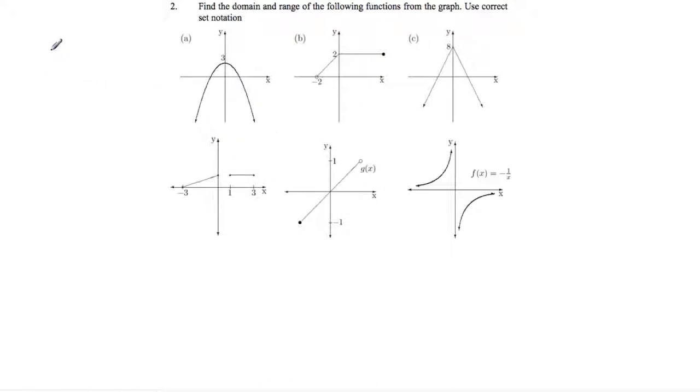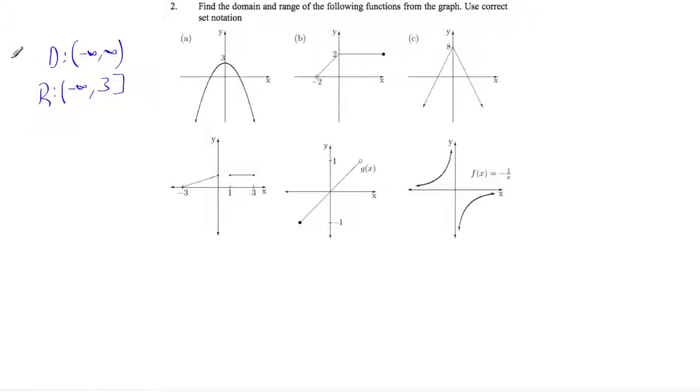So here for part A, the domain is going to be what could exist for the input, the x values. It's a parabola, so we could see there is no x value that can't be plugged in, so the domain is negative infinity to positive infinity. The range, this goes up to 3, and stop. I don't have anything greater than 3. So the smallest value is negative infinity, and it goes up to 3. That's the end.